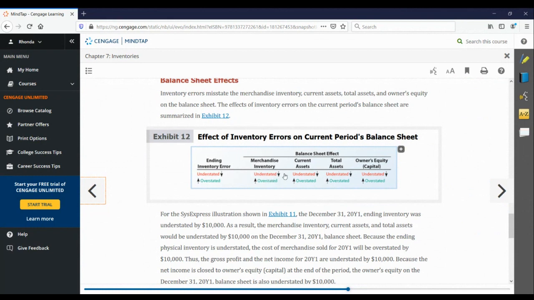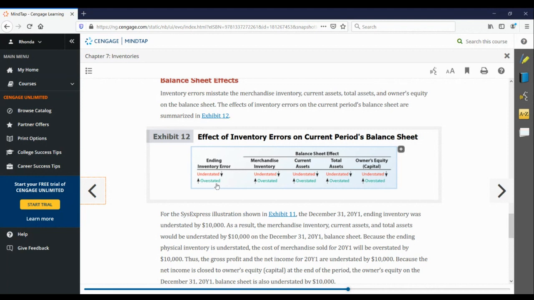The merchandise inventory, as you know, is a current asset. And if your current assets are understated, it's going to affect your total assets as being understated, and your owner's equity will be understated because the net income was also understated during that period of time.